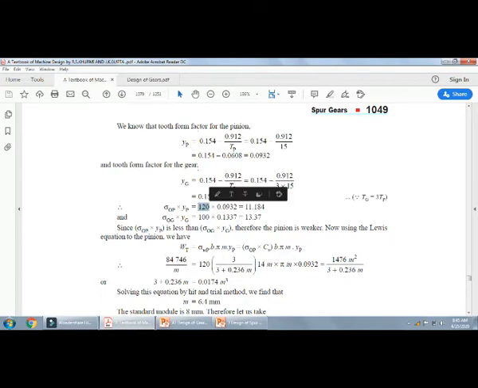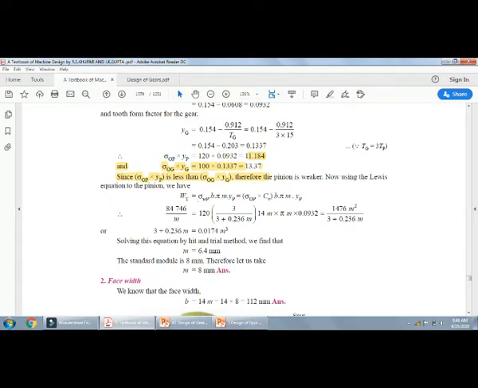So, sigma naught for pinion is 120, sigma naught for gear is 100. So, we will calculate the product. These two products are there, one for pinion and one for gear. So, we will select the value which is less. It means we will select the value of the pinion which is weaker. So from this relation we can calculate the value of module m.